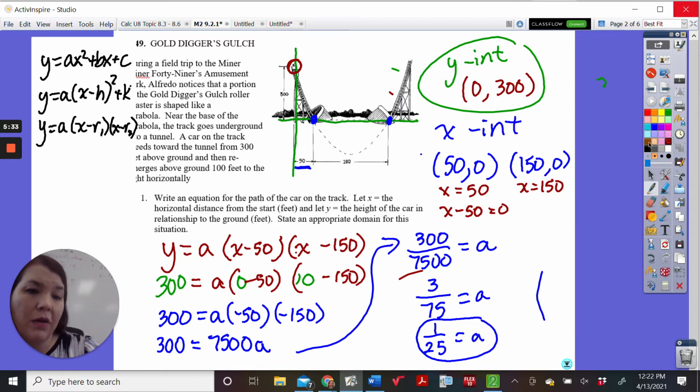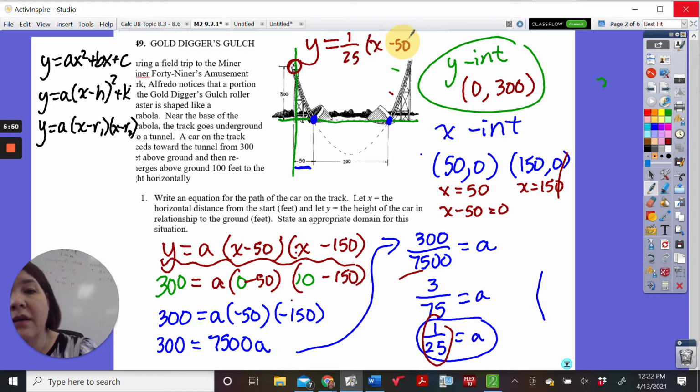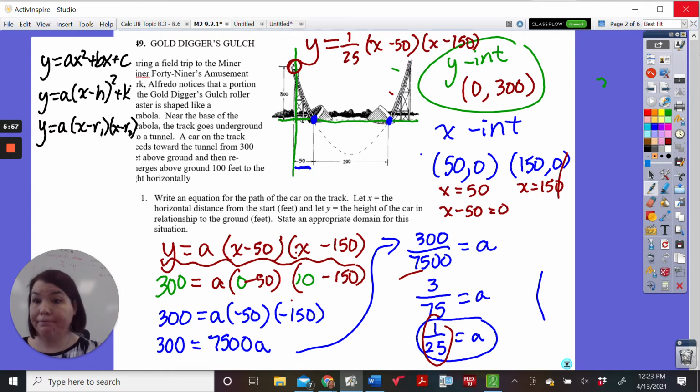I'm going to take my equation right here and my a value and put them together. My equation, which I will write at the top of the page because I'm out of room, is y equals 1 over 25, parentheses, x minus 50, next parenthesis, x minus 150. Okay, so there's my equation.